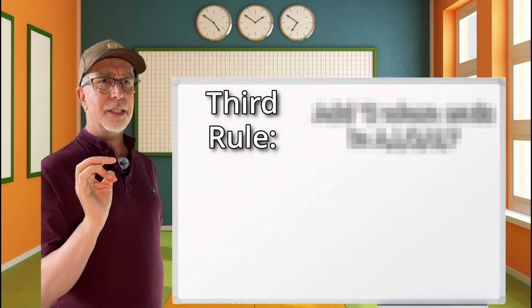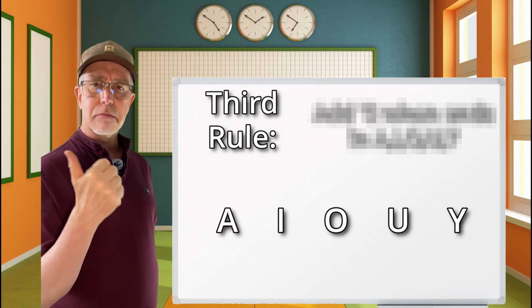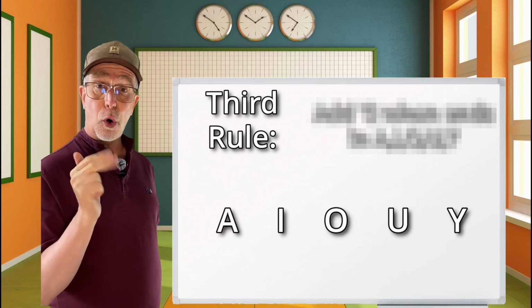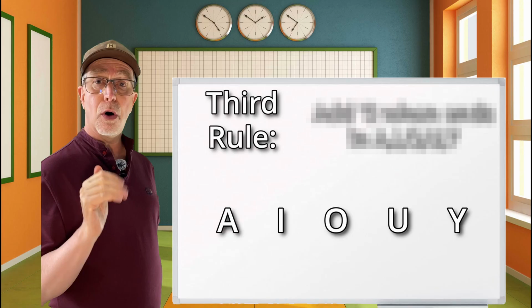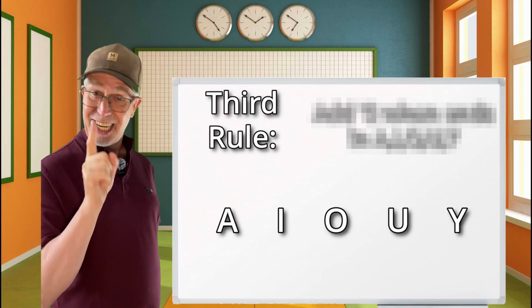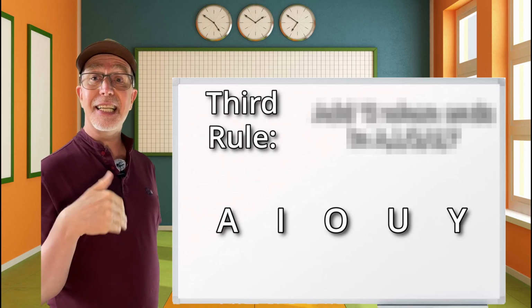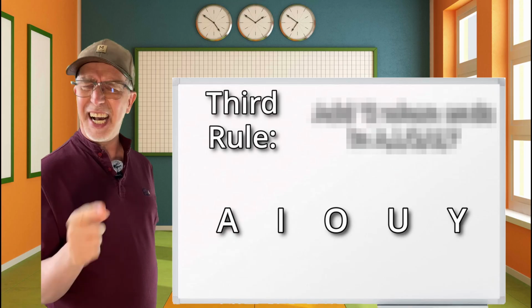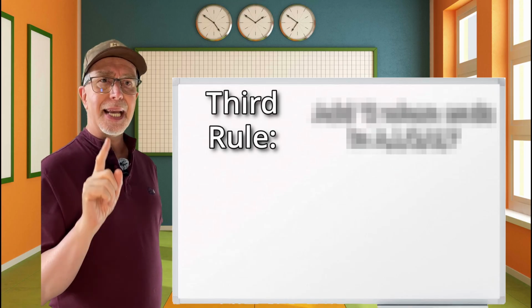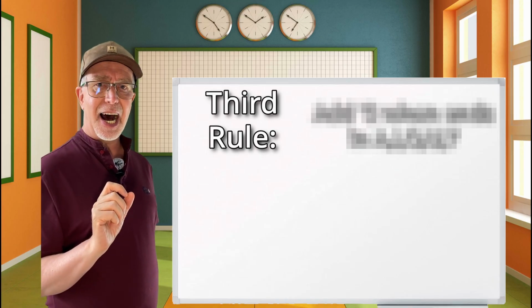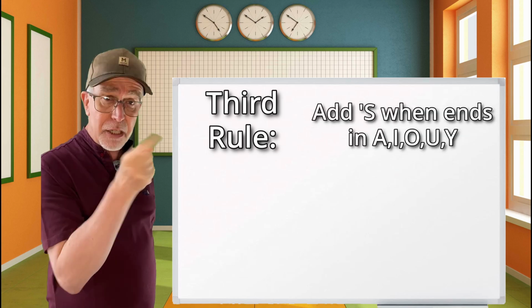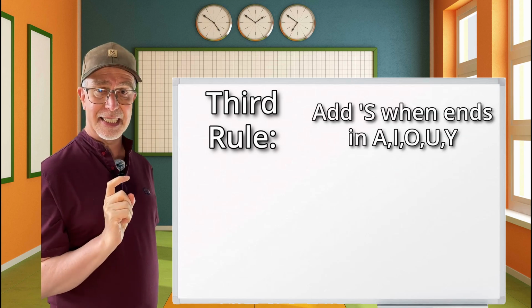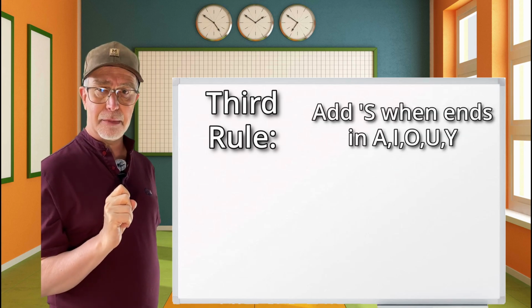And those are the words that end in a, i, o, u, or y. Yeah, exactly. The ones that end in a vowel, except the letter E. In those cases, I add apostrophe s. Yes, a little bit different.